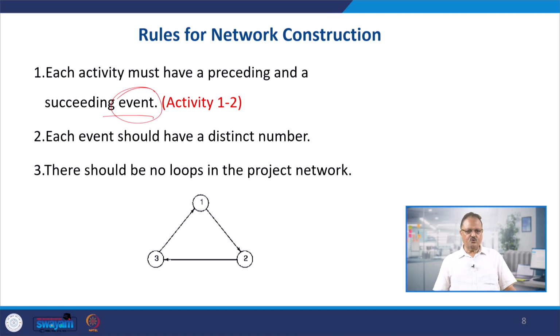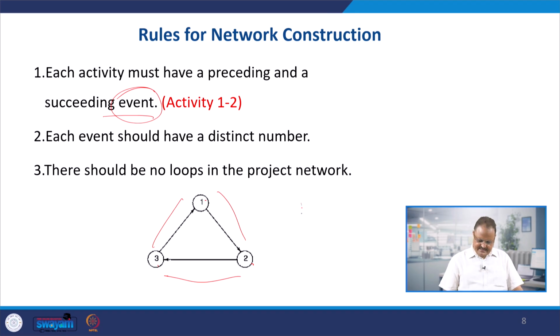And third important rule is there should be no loops in the project networks. No loops in the project networks means, if you see this kind of structure, this is a loop structure, and this kind of structure is not allowed. This structure is not taking the project forward. We are starting from 1, we are at 2, we are at 3, and then again we are at 1.